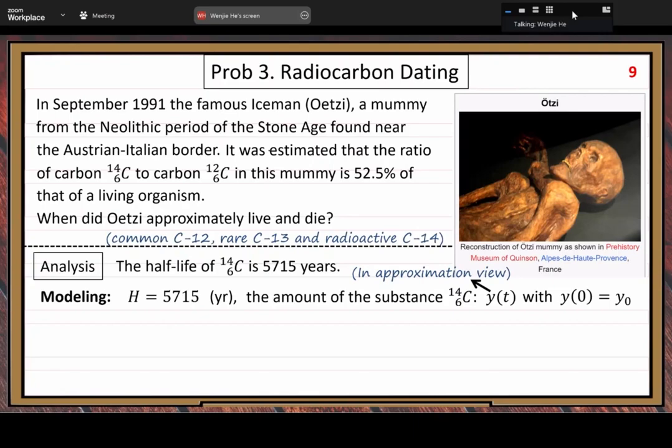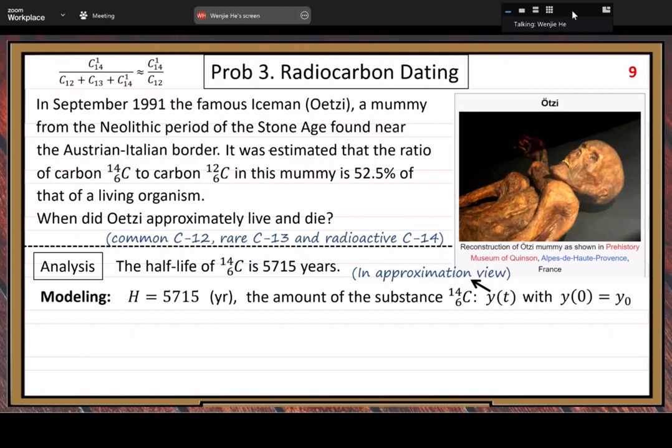So small, so little, because when we do the estimate, we ignore that little thing. Now, we want to measure carbon-14 over carbon-12.